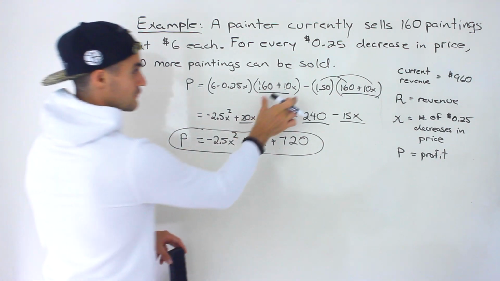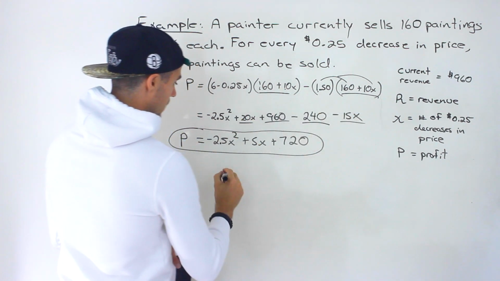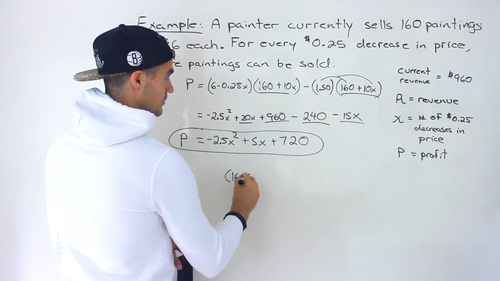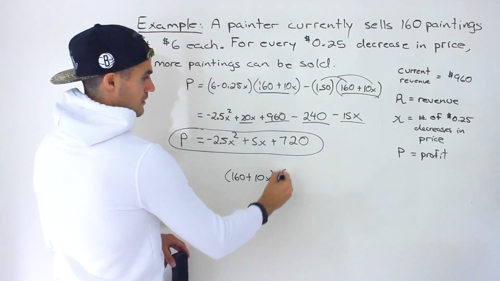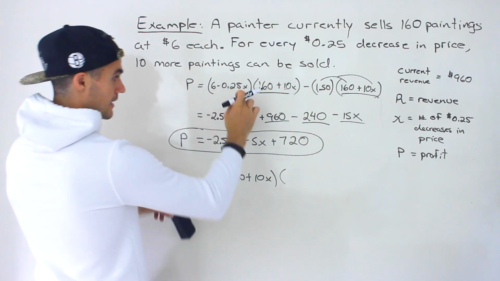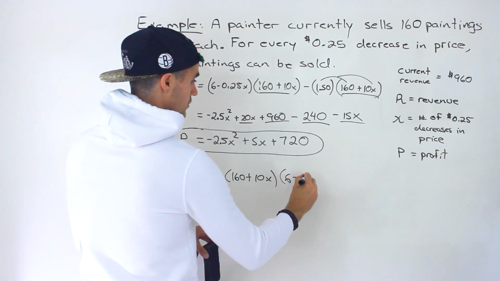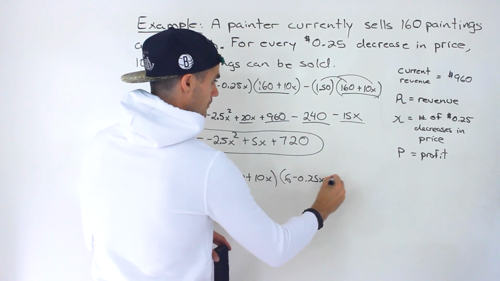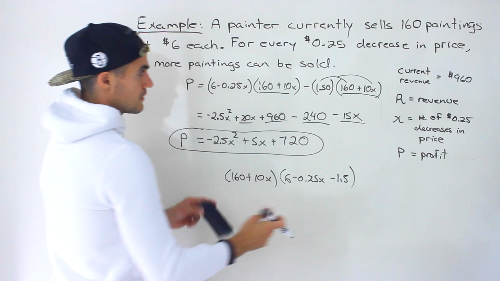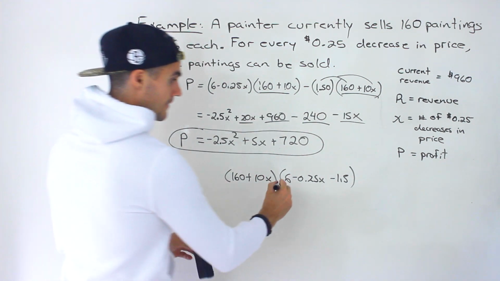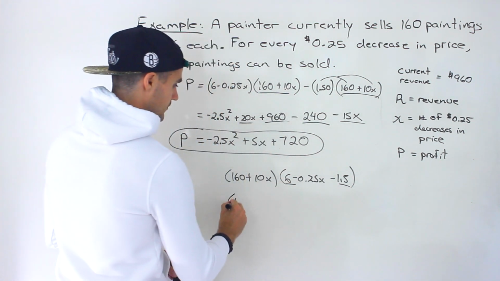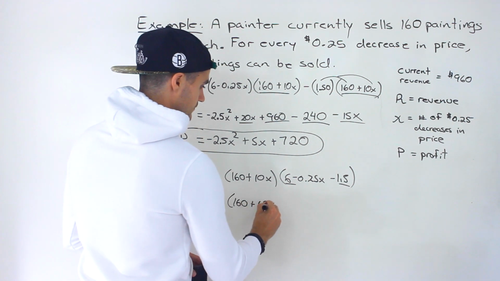Now, if you were to do it the factoring way, what you could do is you could recognize that you could take out that 160 plus 10x from both of these, take that out, and then you'd have 6 minus 0.25x minus the 150 over here. And then inside the bracket, this simplifies.